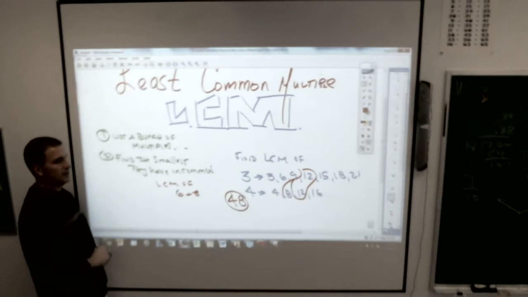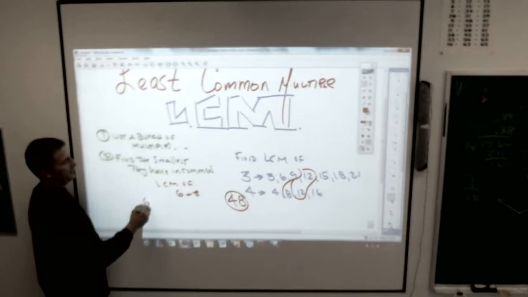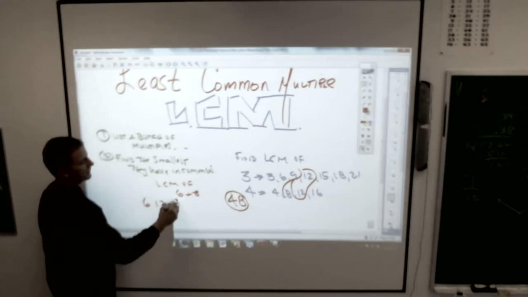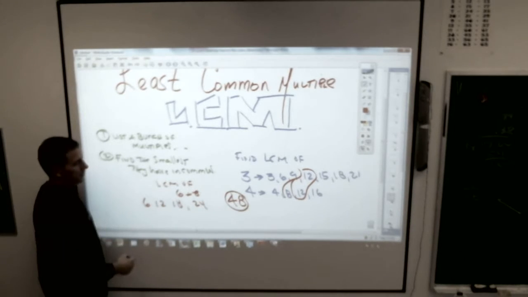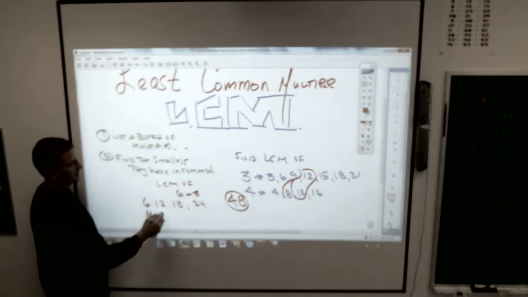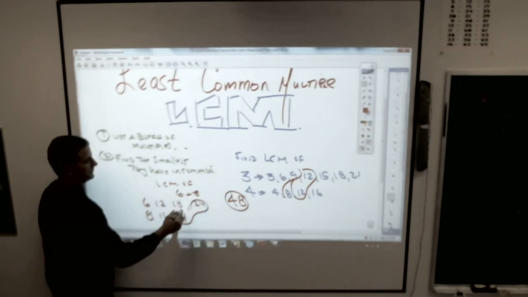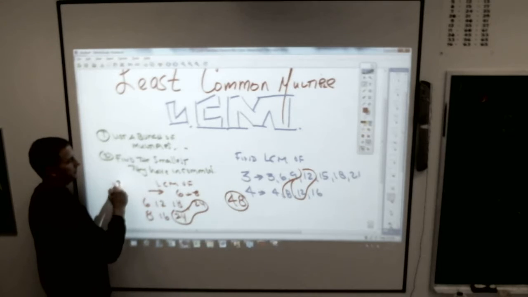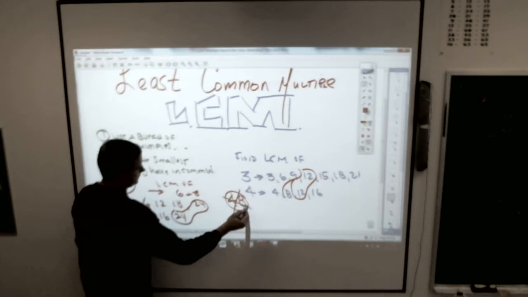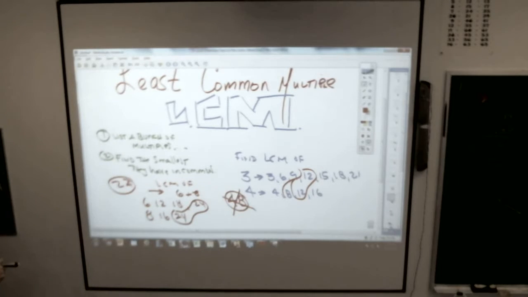What is the smallest one they have in common? Well, if I did 6, 12, 18, 24, and I did 8, 16, 24, what do they have in common? 24. The least common multiple is 24, not 48. So don't always think that you're just going to multiply the numbers. Sometimes it works that way, sometimes it doesn't.